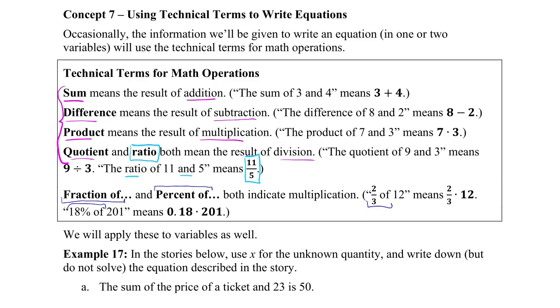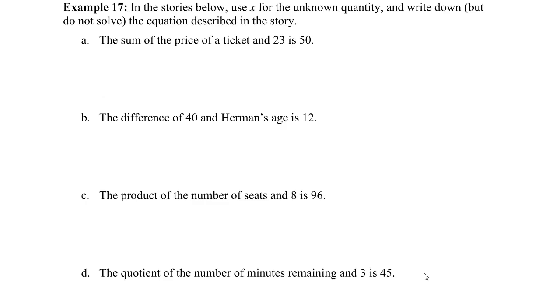So in this last example, we're going to just use these technical terms to assemble some equations. We're going to use x to represent our unknown quantity in each of these. So here we have the sum of the price of a ticket and 23 is 50. So is means just what it does in English. It means the thing before the is and the thing after the is are the same. So is gives us an equals sign.